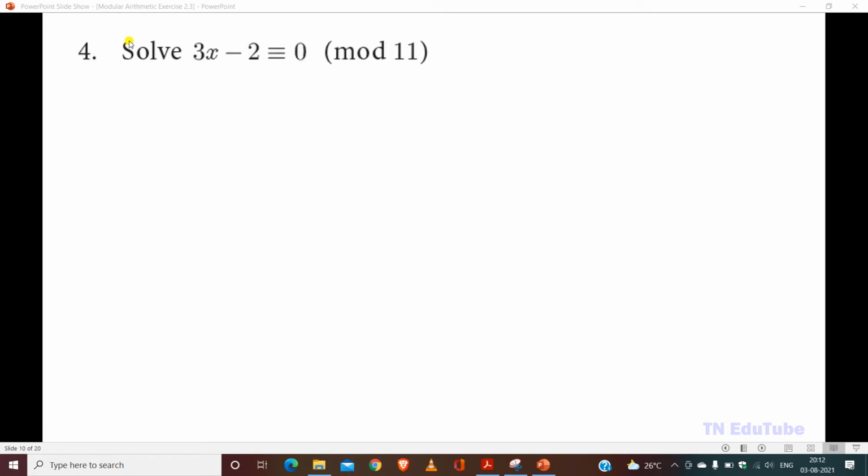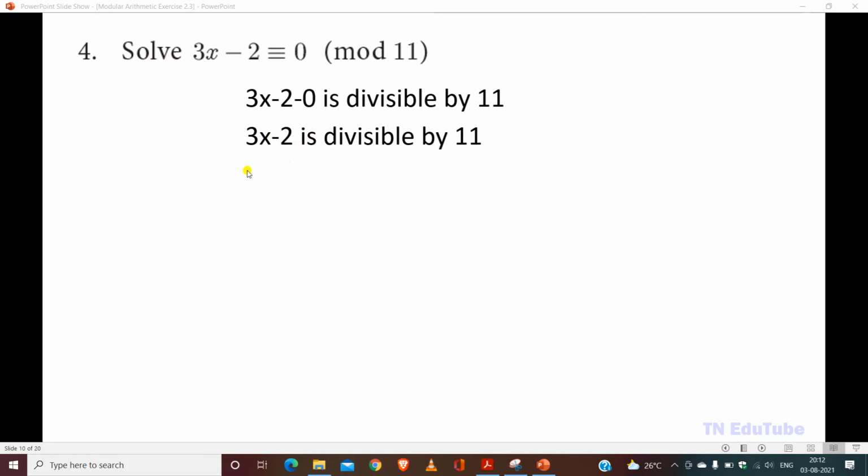Then the fourth question, also like that, solve. Here, when you take 0 on the left hand side, the same number only you get, which is divisible by 11. So you can put it as 11k, k is any integer. So when you take 2 to the right side, 11k plus 2. So x equal to (11k plus 2) by 3.